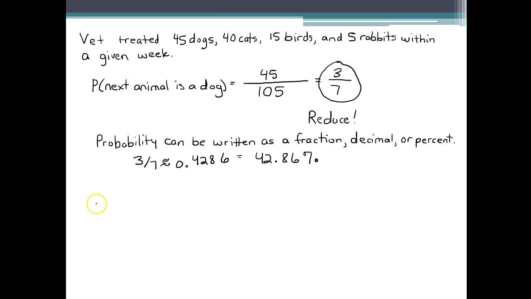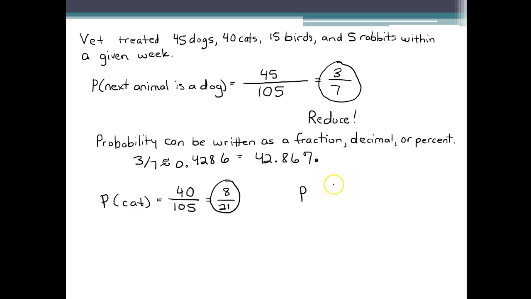What's the probability that the next animal is a cat? We had 40 cats that had come in out of 105 animals. So we'll use that data to try to predict. And let's see, 5 goes evenly into 40 and 105. So that reduces to 8 over 21.